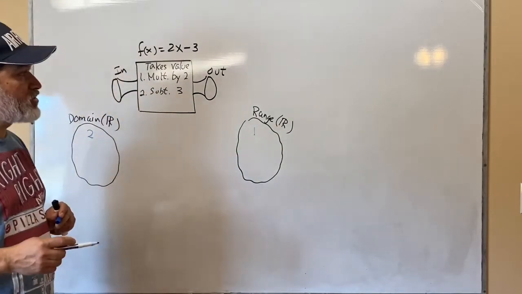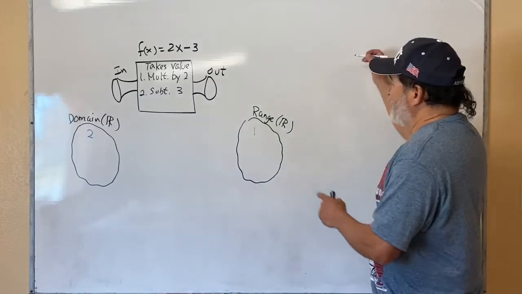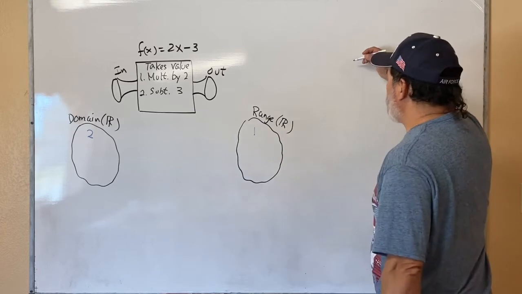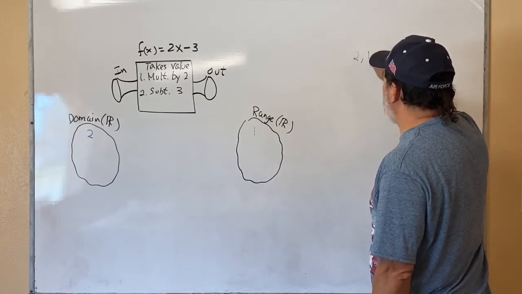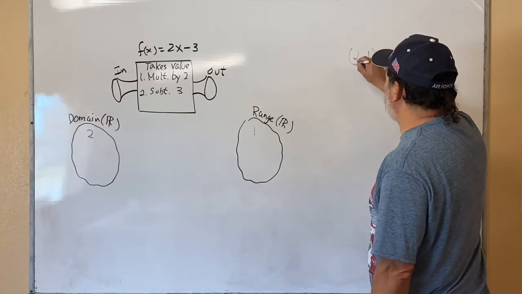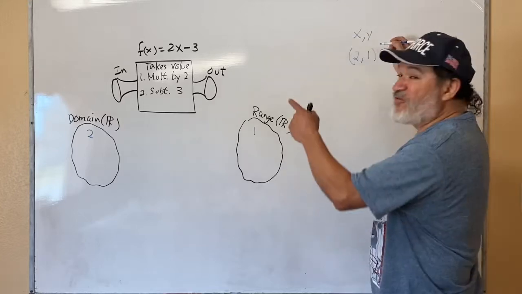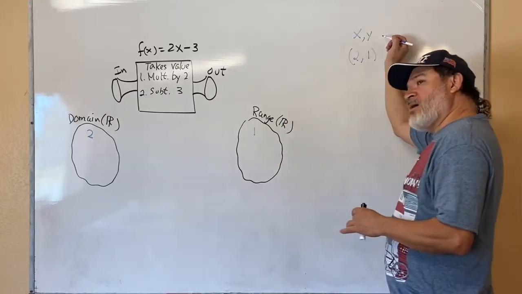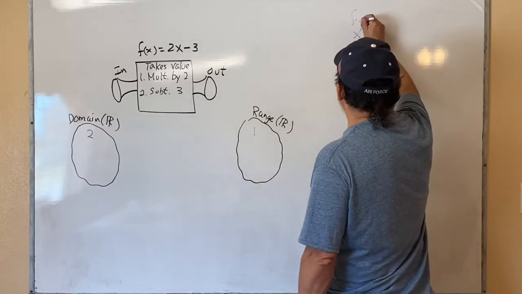And so understand that from that 2 going in and the 1 coming out, we have the point (2, 1). This is the point x and y for the function. This is an ordered pair for this function, for f of x.